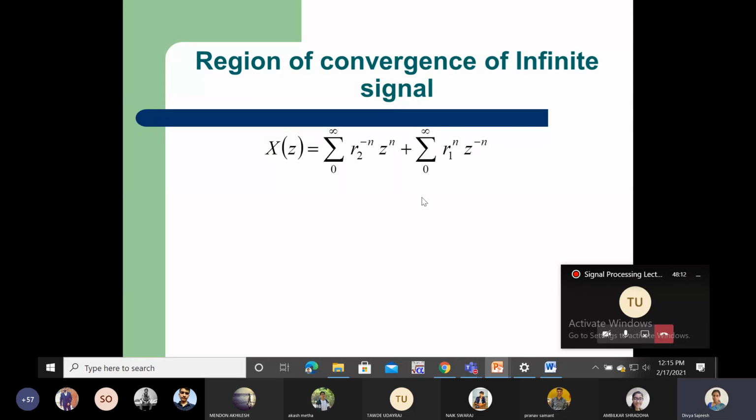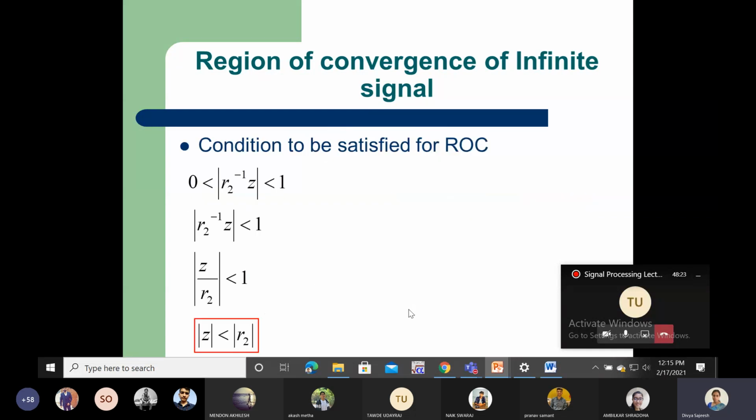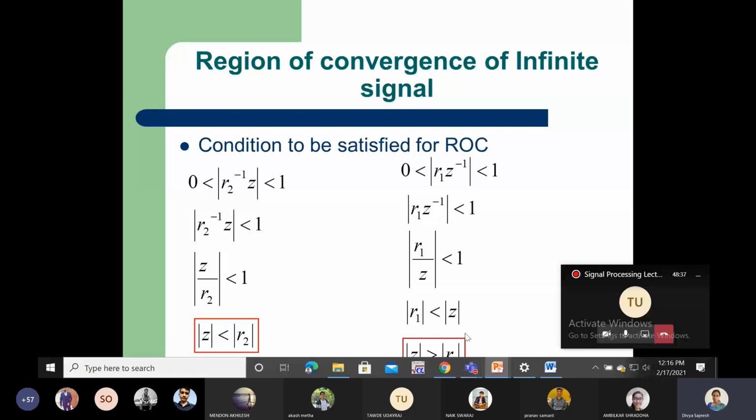Now if I expand using the sum series formula, I will obtain two things. One is 1 upon 1 minus R2 inverse Z, the other one is 1 upon 1 minus R1 Z inverse. The same steps we followed before will be followed here. In one portion I will get Z less than R2, and in the other section I will get Z greater than R1.